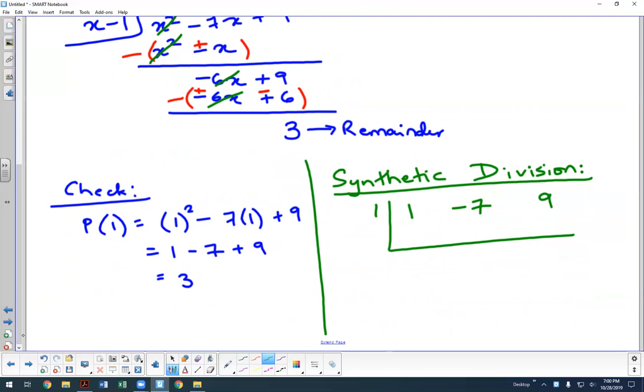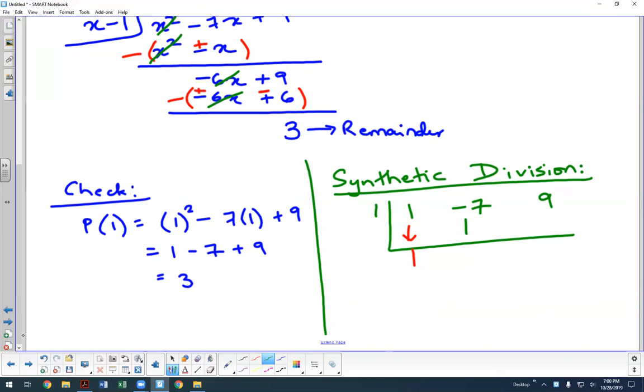Now, the way synthetic division works, this first number, do nothing. Bring it down as it is. You don't need to change it at all. It just comes down without any calculations. Then we start multiplying. So 1 times 1 is going to be 1, right? So take the 1 we brought down, multiply it by our divisor. So 1 times 1 is 1.